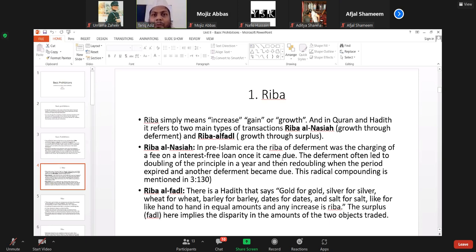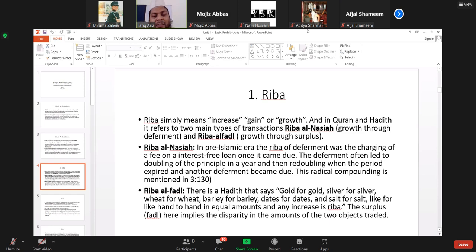Some people who try to justify present day interest use this verse, where azafa muzafa is mentioned. They say that doubling and redoubling, that is excessive interest, is not allowed, but normal interest is allowed. But there are other verses that, without providing any condition, prohibit interest.